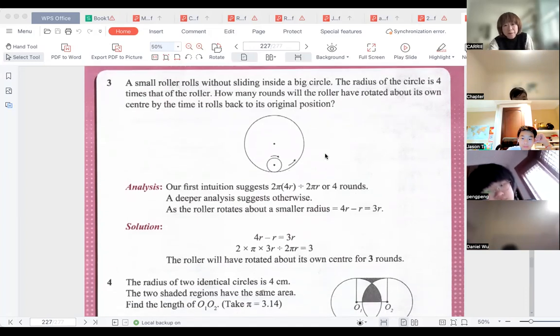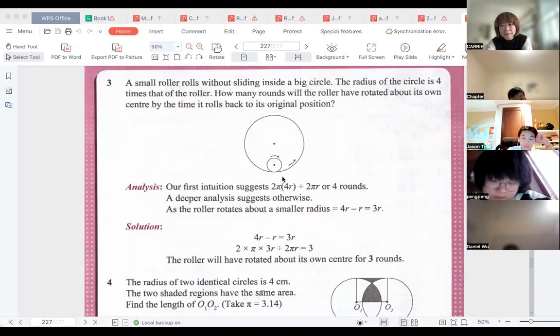Our first intuition suggests that 2 pi times 4r divided by 2 pi r is 4 rounds. How do we get this? It's because the radius of the circle is 4 times that of the roller. The outside, if I have a line here, I want you to draw a line. Remember, I said if you see the circle, the very important thing is that the circle is on the line, right? And you see the center.